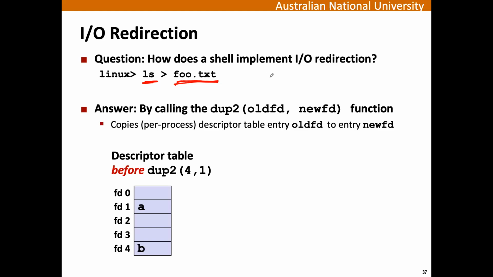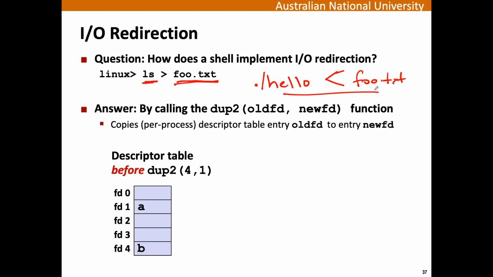Also, you can have a program that reads input from the keyboard, and you can use the other operator, less than, to read from a file. So IO redirection goes both ways.